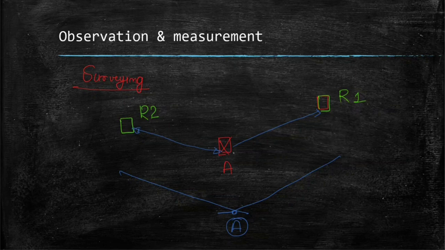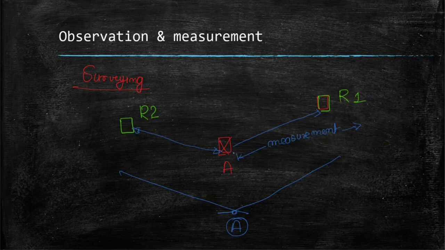So what are we actually doing here? In the initial stage, when we talk about surveying and its definition, the very core word that we need to understand is measurement. What is measurement and what is observation?